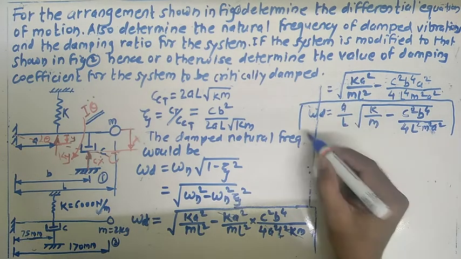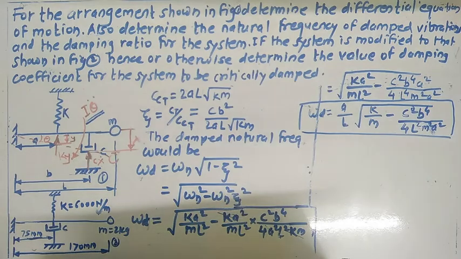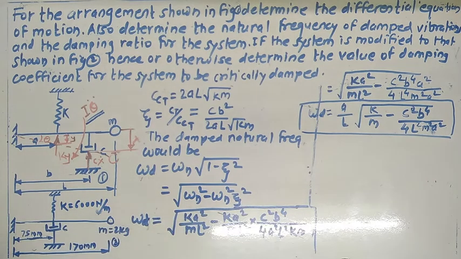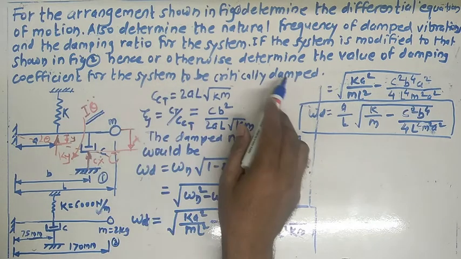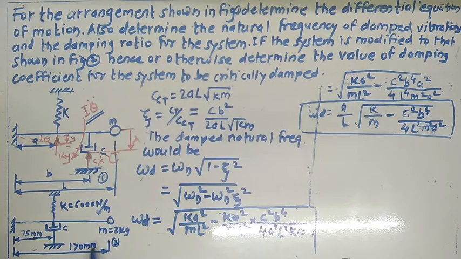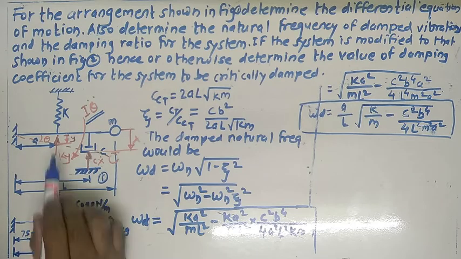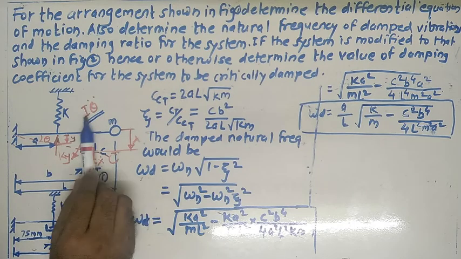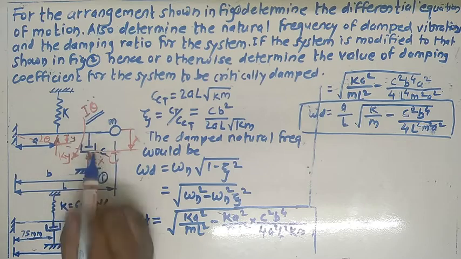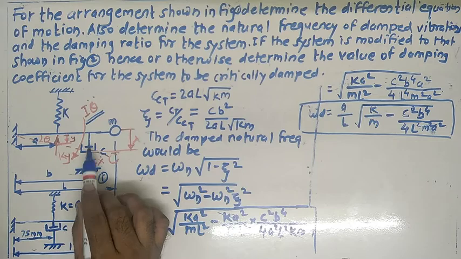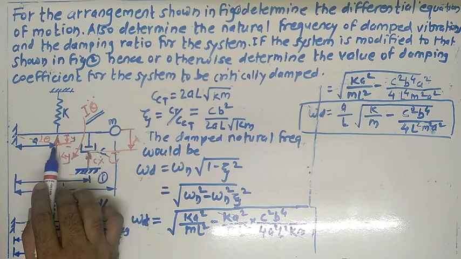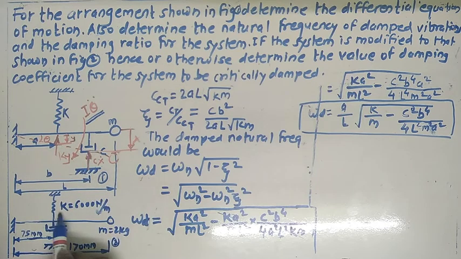Now the second point: determine the value of the damping coefficient for the system to be critically damped. The second system is the same system in front of you, when the position of this damper is changed from its earlier position to this position. Here the stiffness is given, and you have to calculate the damping coefficient.